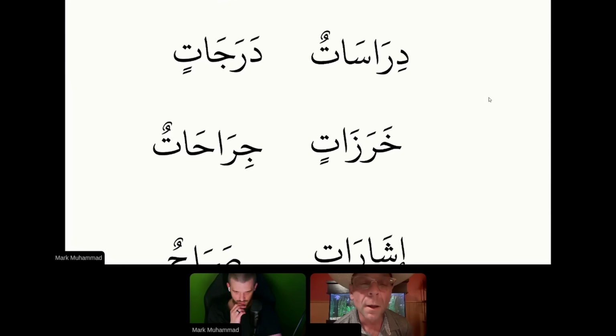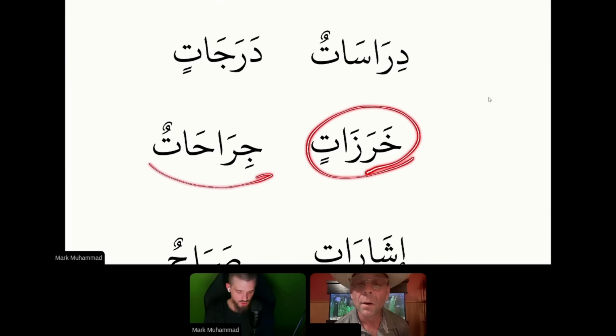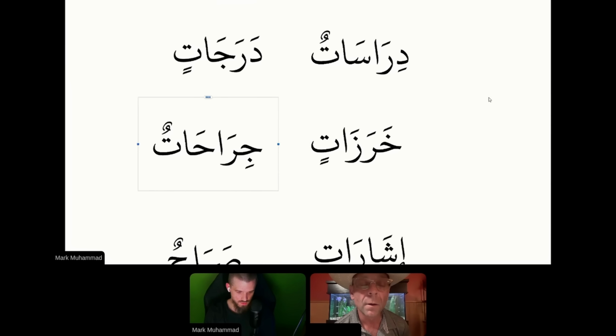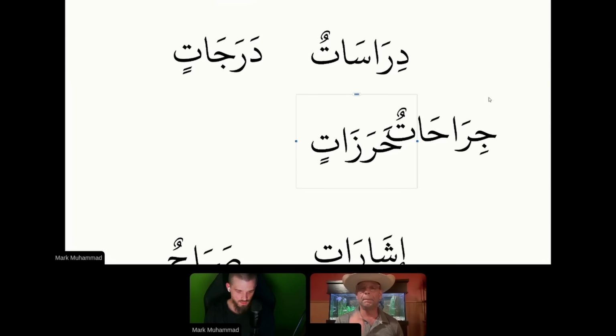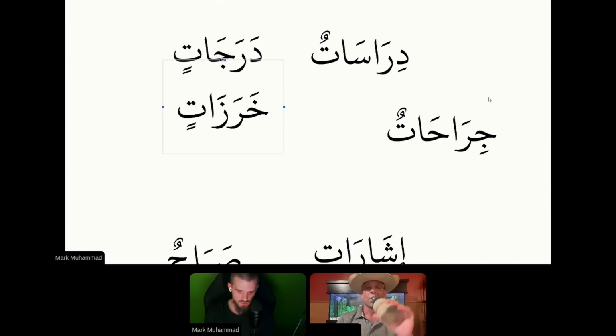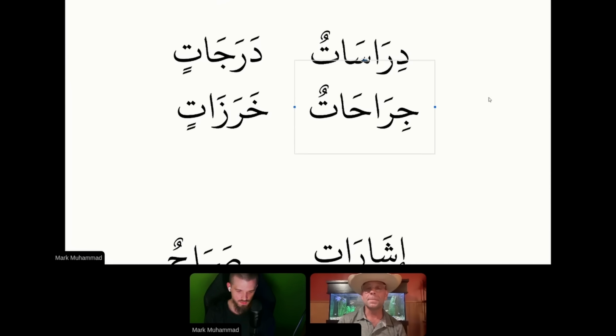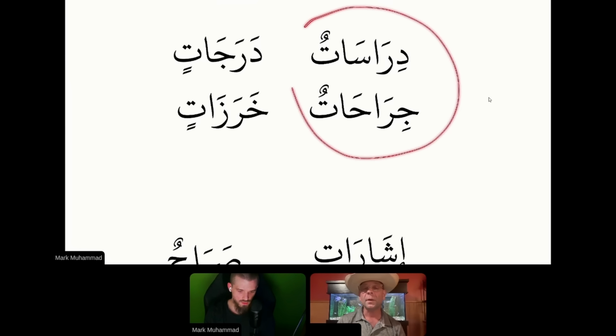Jirahatun. Yes. So Jirahatun, this is kharazatin. And as I was mentioning a second ago in terms of patterns, if you swap these around, these are the same patterns. Dirasatun, jirahatun.